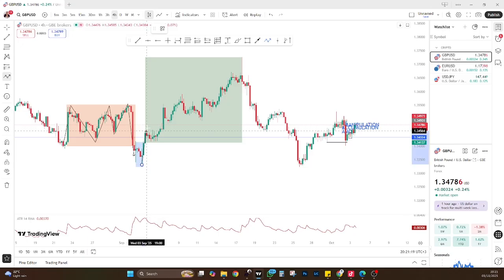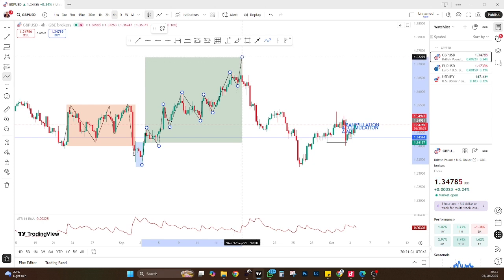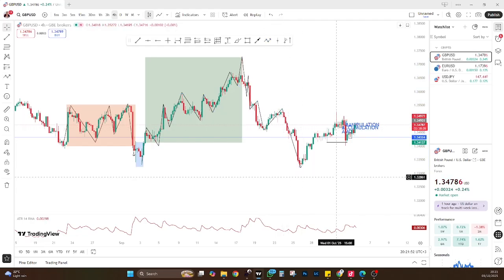The market is doing a series of higher highs, higher lows, higher highs, higher lows. Are you following? After this higher high, the market never did another higher high. It did a lower low, lower high, lower low, lower high, and the market is just selling.